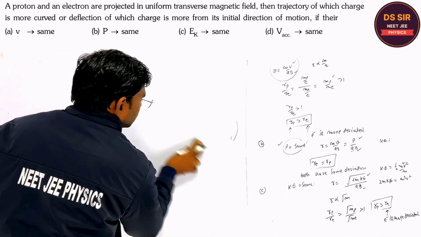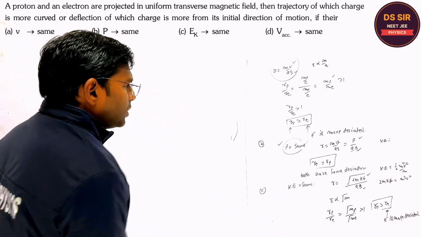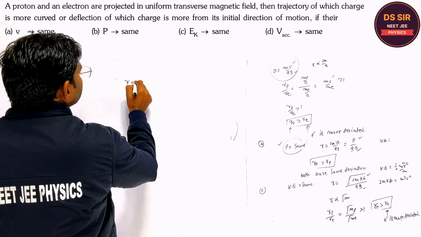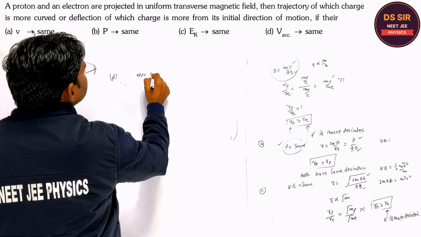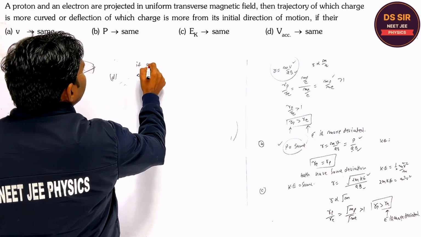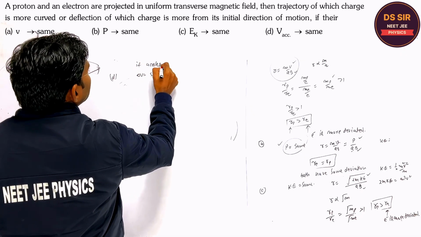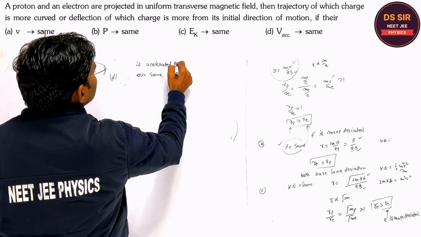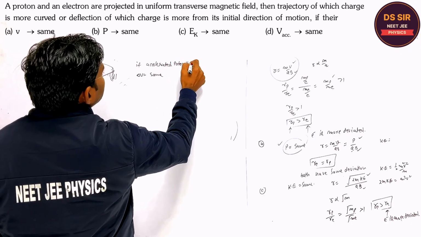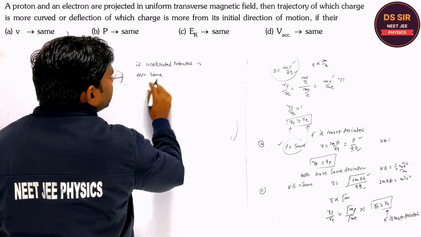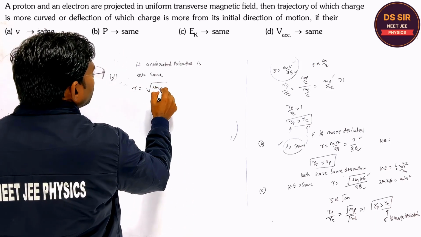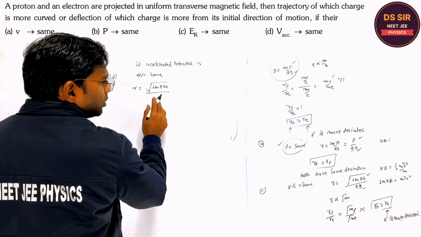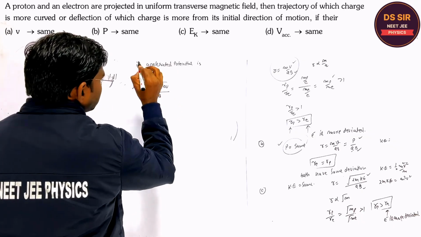Accelerated potential. If the accelerating potential delta v is same, then radius is root 2m into q into delta v upon qb.